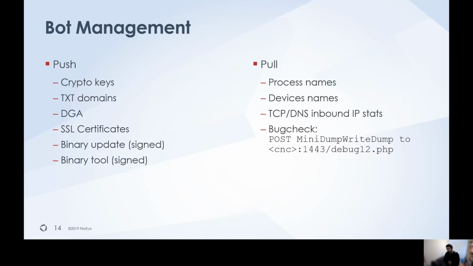So now, what's interesting with that new version of Fluxxy is the way they manage bots. You can push configuration to a bot that would include crypto keys, master domains, DGA configuration, SSL certificates, because the node will act as a proxy for content delivery, and that can be over SSL.